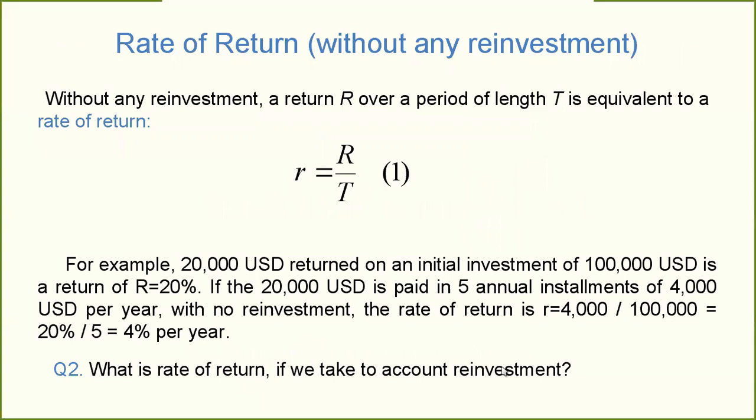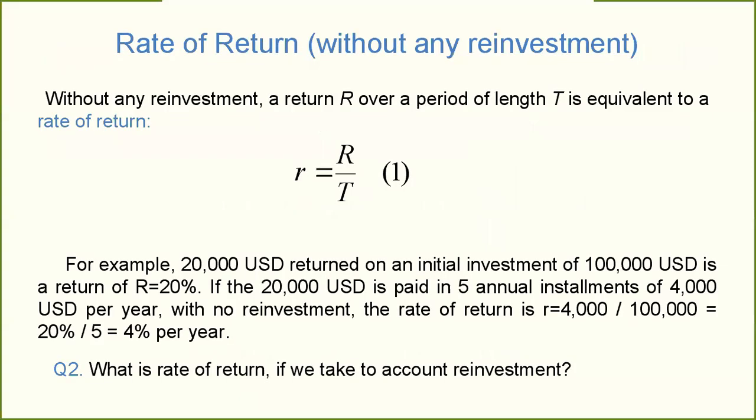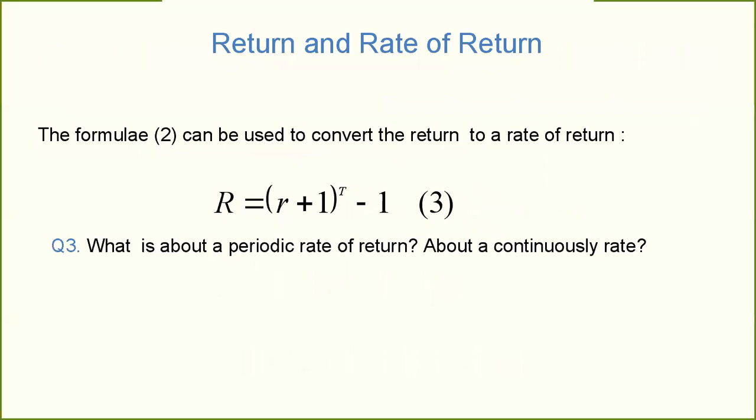It is 4, and this 3.7. So we know two formulas. Formula 1 is the return without reinvestment, and formula 2 is the rate of return with reinvestment, or it's called the effective return.